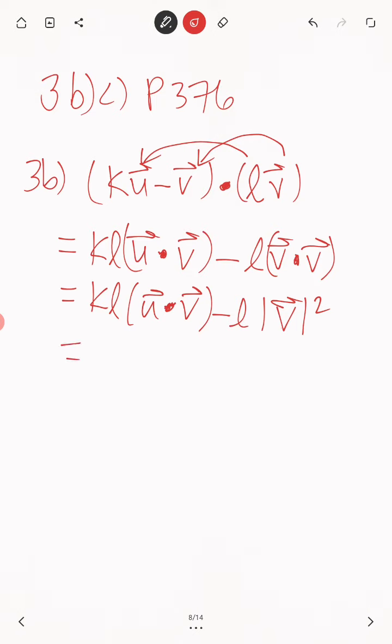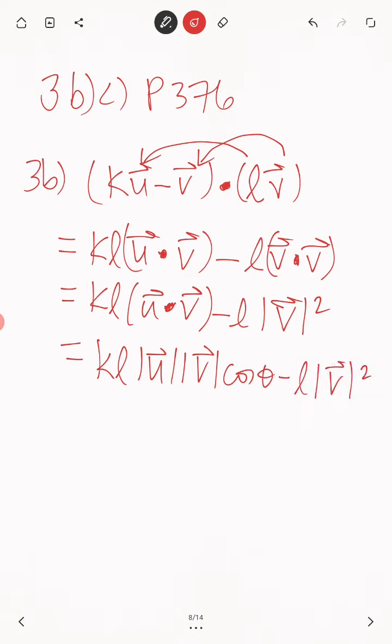Now, I suppose if we knew that U and V were given as geometric vectors, we could go one step further and change U dot V to magnitude of U, magnitude of V, cos theta. So that would be another possibility to leave it like that as well.